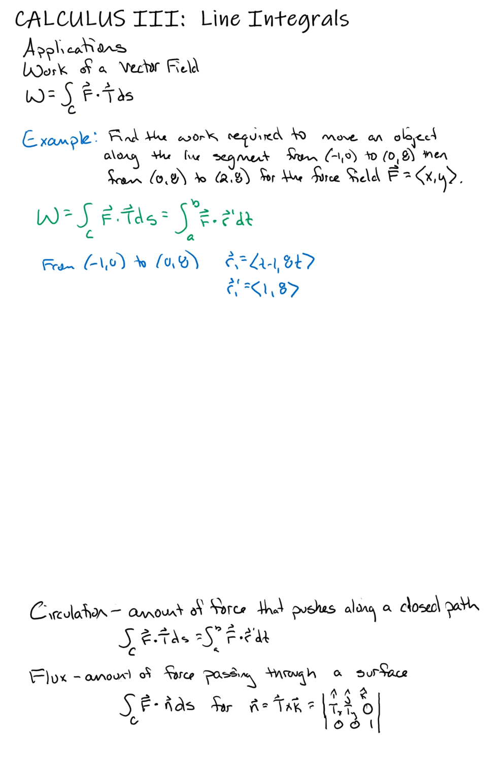And then, of course, f evaluated at R1, not R1 prime, but at R1. Remember, f in this situation is the force field xy, or vector field xy. Evaluating that at R1, again, not at R1 prime, that's simple enough. That just gives us the vector t minus 1, 8t.